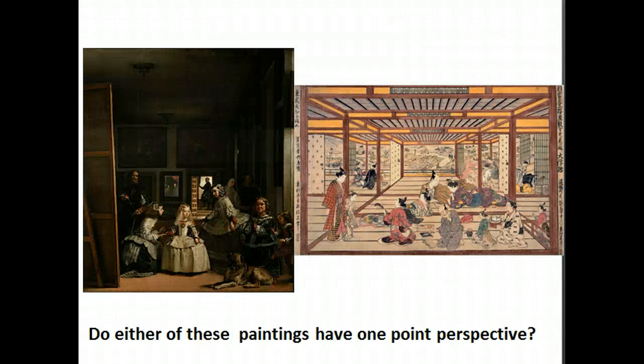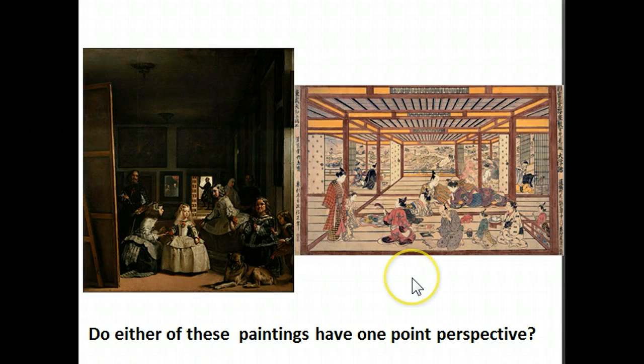Now, what do you think? Do either of these paintings have one-point perspective? And remember, you can ask yourself, is there a vanishing point? Is there a horizon line? Is there, or are there, orthogonal lines that line up to the vanishing point?